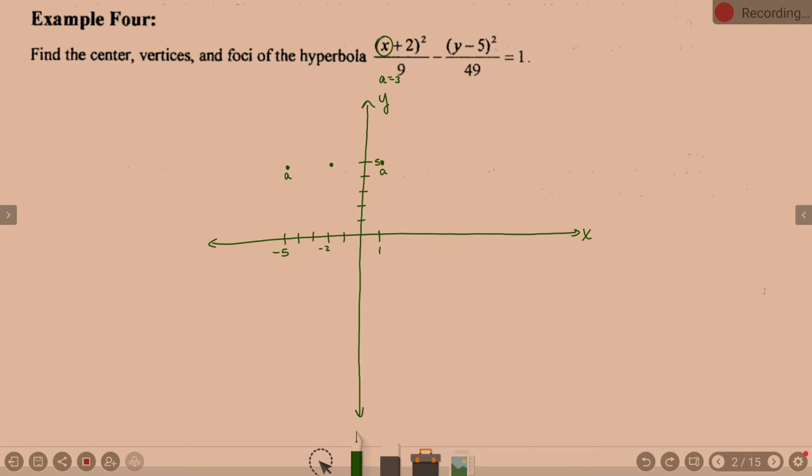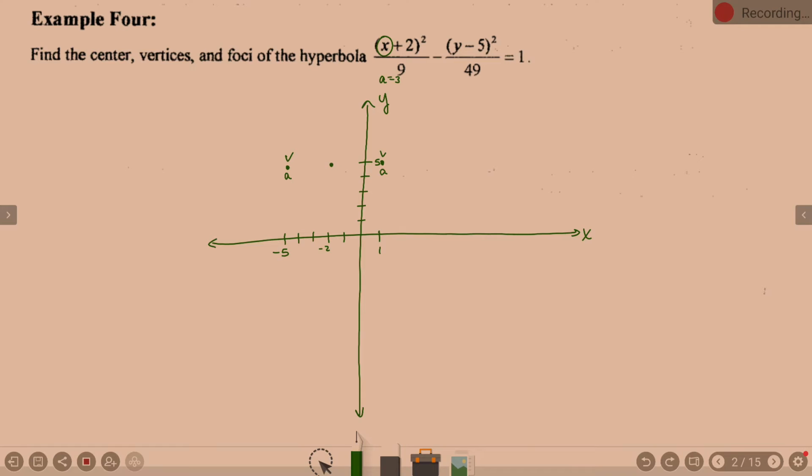Plus or minus A are your vertices. So these points right here, when we just count left and right, are my vertices. Okay. So now does that match up with what we already had written from yesterday? We had a vertex at -5, 5 and a vertex at 1, 5, right? So you could have also applied your vertices that way.